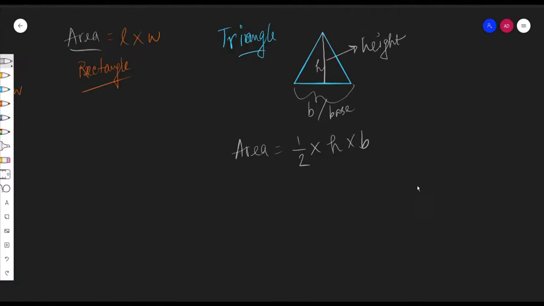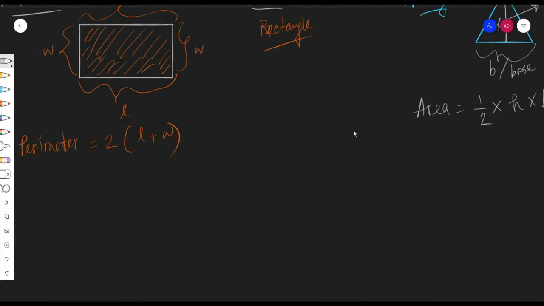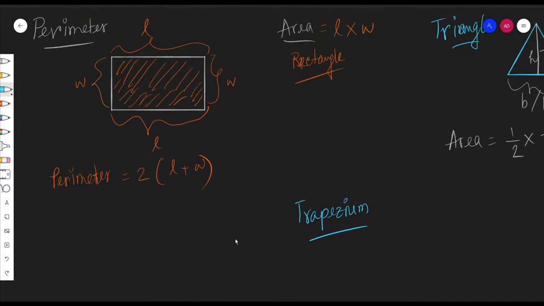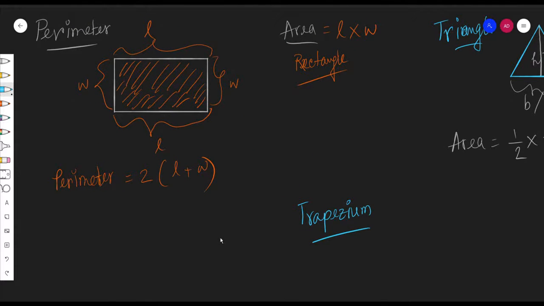Now let's say this is a trapezium. A trapezium is shaped like this.